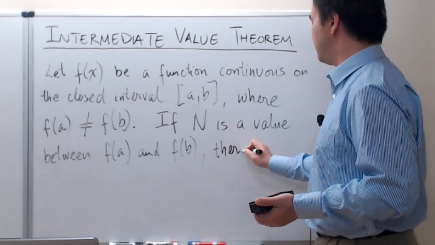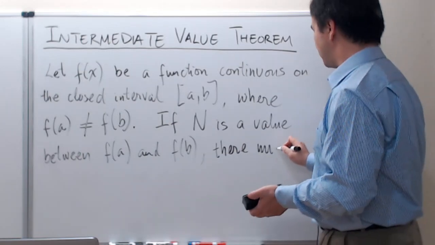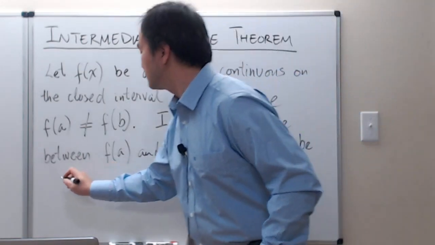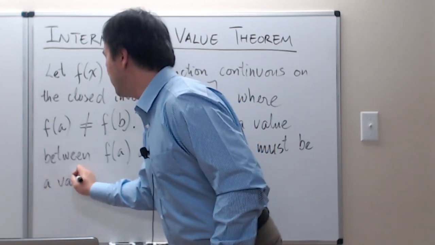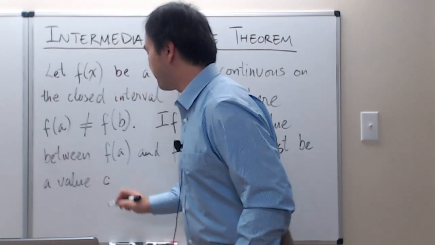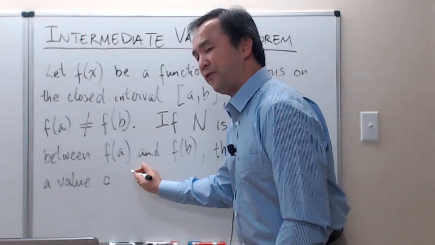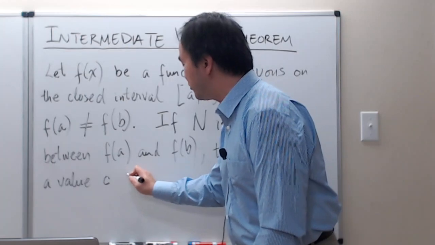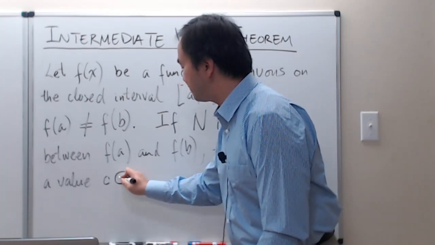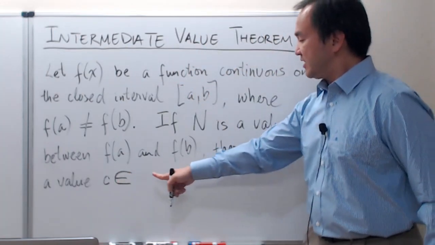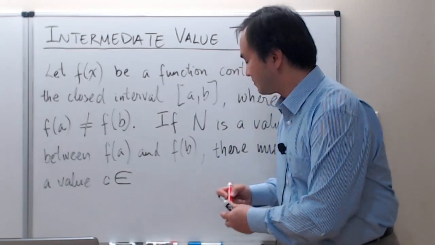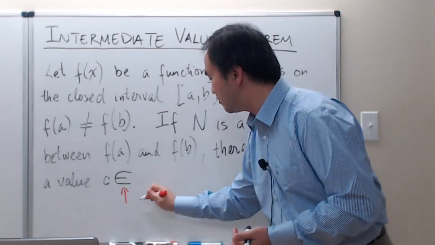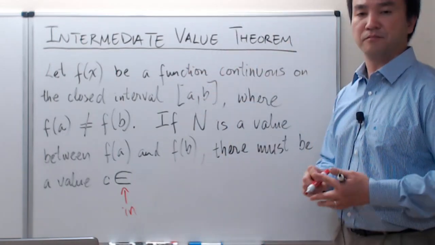there must be a value c being inside. Now for the first time in this quarter, for the first time maybe for anyone viewing this video, I'm introducing this symbol. It's a sideways cup with a little dash in between. It could be the first time any viewer is seeing this symbol, but this means being inside.